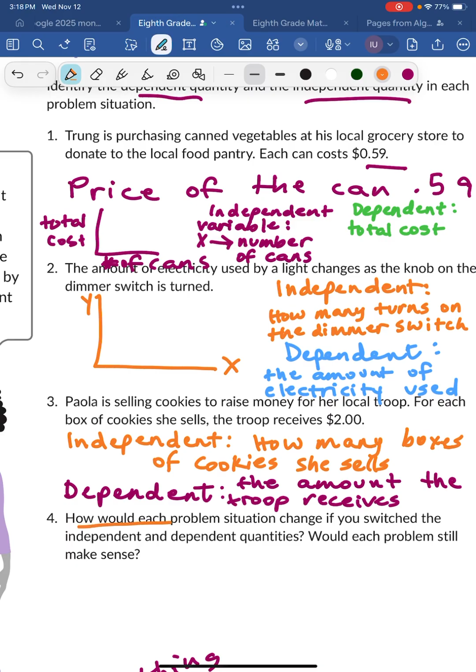How would each problem situation change if you switched the independent and dependent quantities? Would each problem still make sense? Think about that.